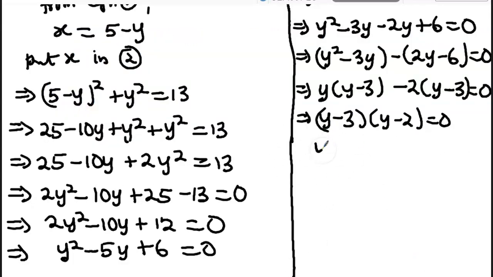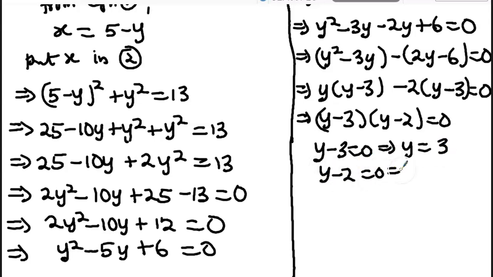If that is the case, y minus 3 is equal to 0 implies y is equal to 3, and y minus 2 is equal to 0 implies y is equal to 2. We then find the corresponding values of x.